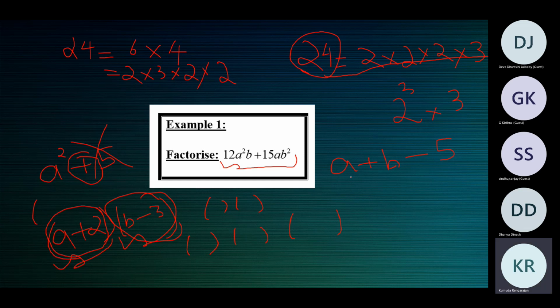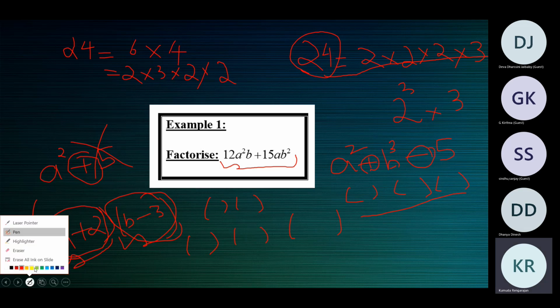If you're given some other expression and you factorize and you say you got a squared plus b cubed minus 5, no, this cannot happen if you factorize. No plus minus sign. Expressions are connected, you will get some expressions as a product. Some expression into some expression into some expression. So that is what is factorize.